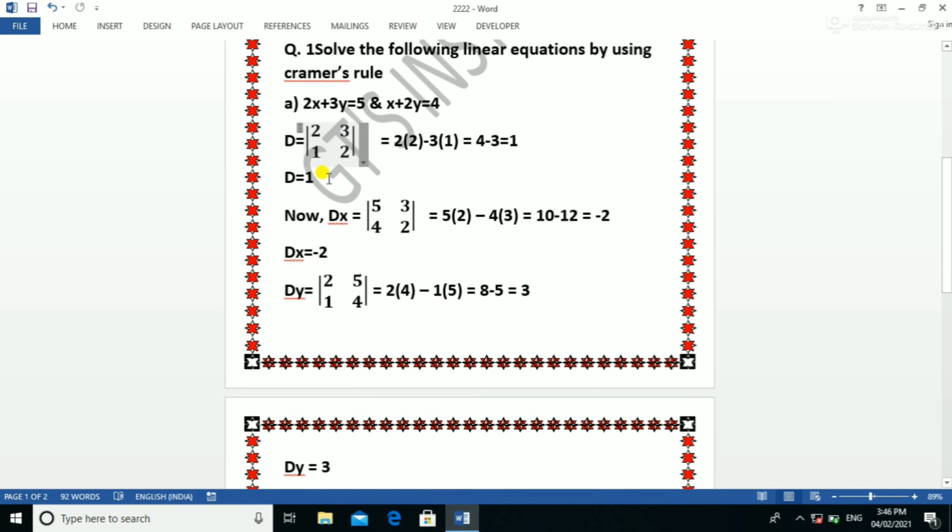Then we substitute the values of a1, b1 and a2, b2, that is 2, 3, 1 and 2. Then we take the cross multiplication: 2 into 2 minus 3 into 1. So 4 minus 3 is equal to 1. Then the value of D is equal to 1.